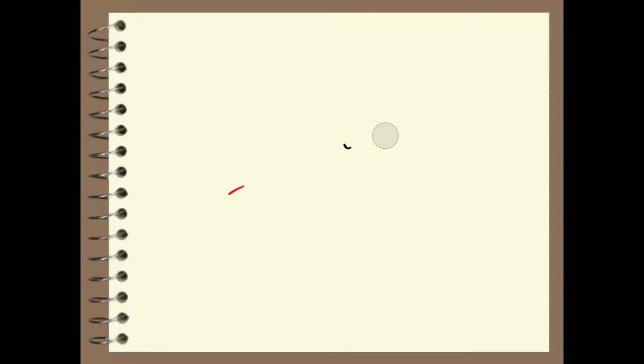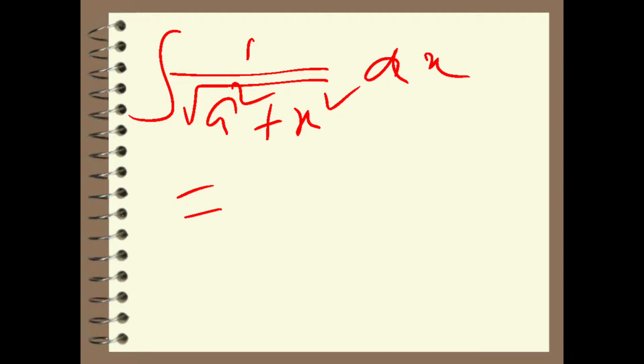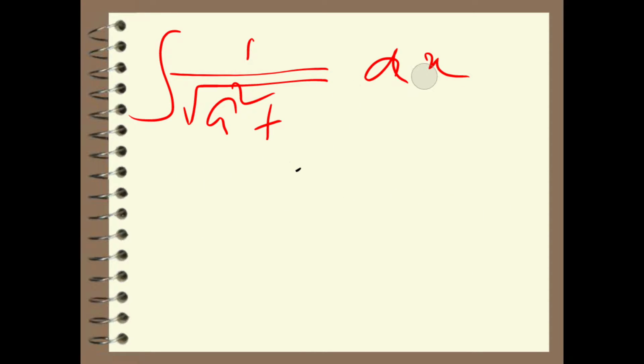Next formula, second one, integration of 1 by root a square plus x square into dx, or 1 by root x square plus a square into dx. Both are same because plus is there in between the terms. The formula for this is sine h inverse of x by a plus c. So the problems on these two formulae are over.